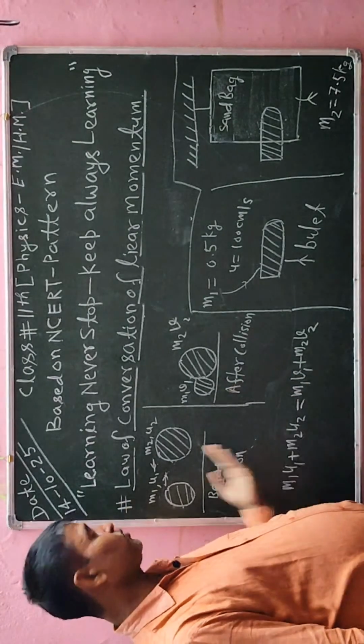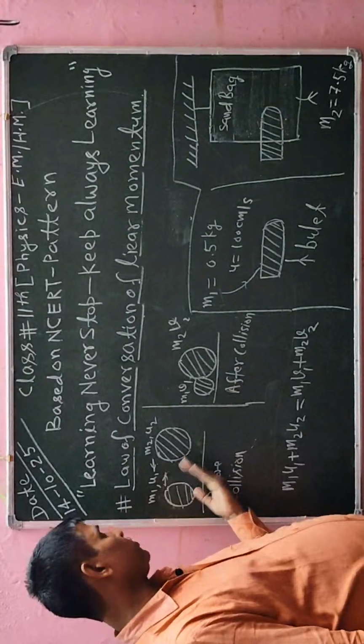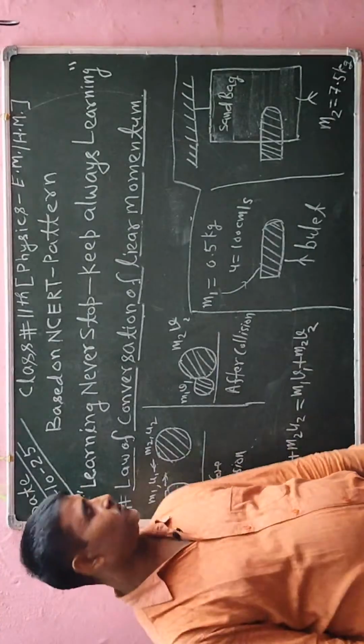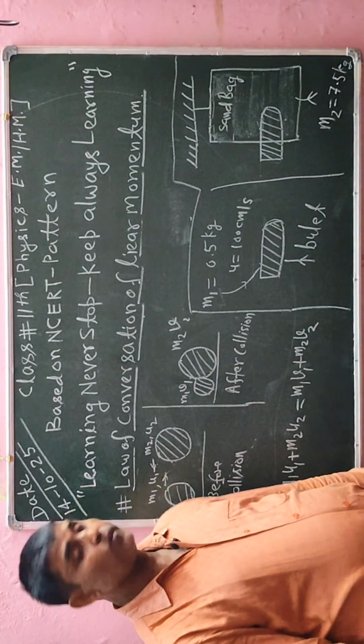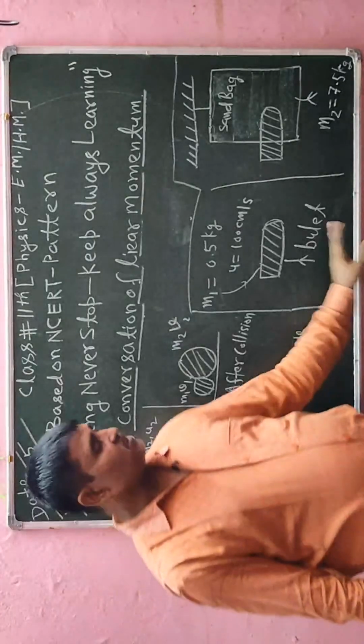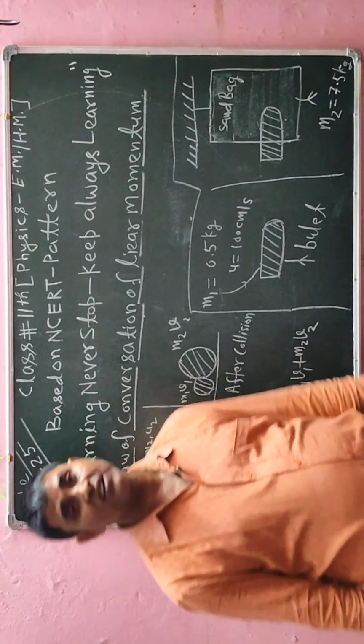Before collision I have calculated its momentum, and after collision I have also calculated its momentum. So both momenta will be equal. This concept I will use in this numerical to calculate its value.